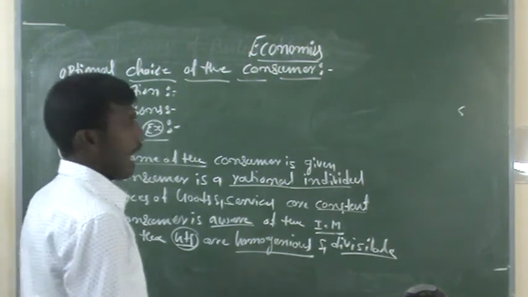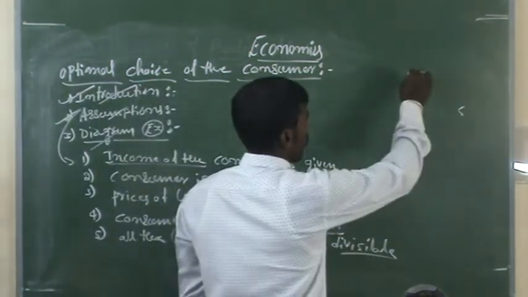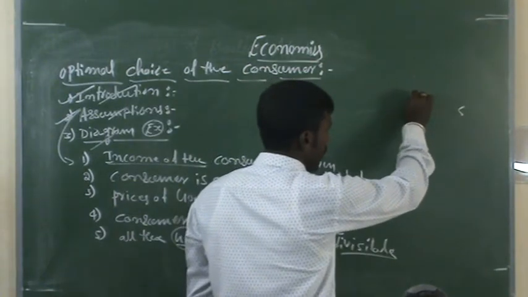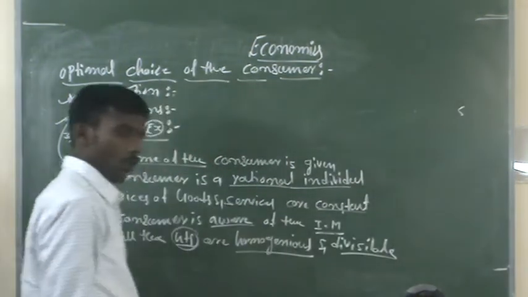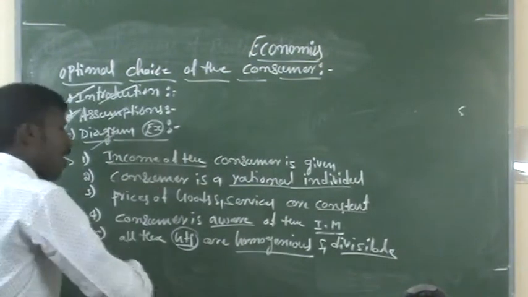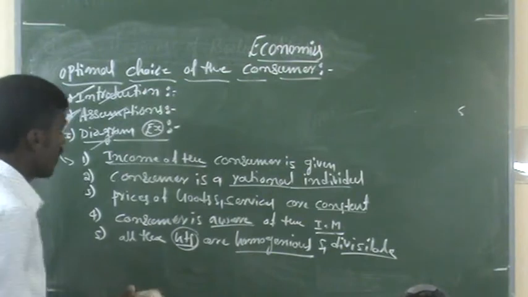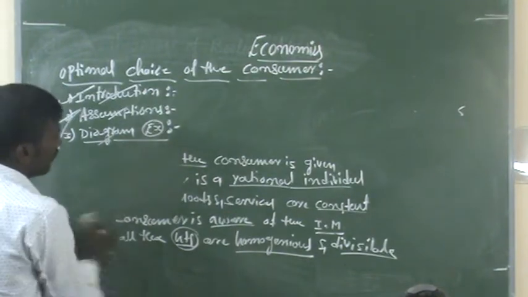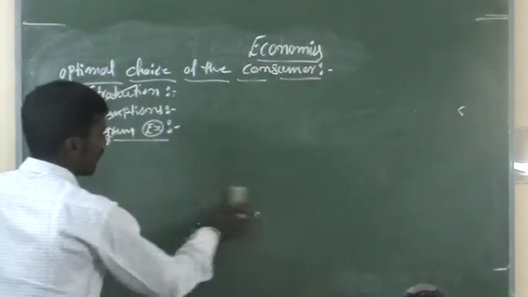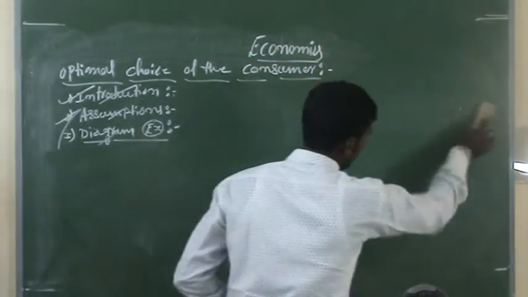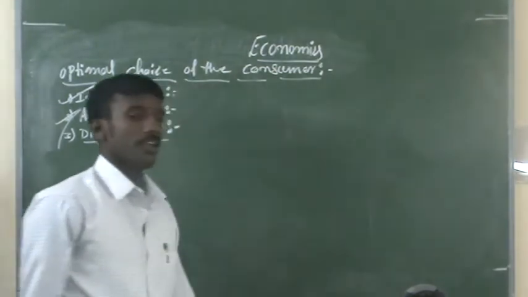Now, on the basis of budget set, budget line, indifference curve, indifference map, and also on the basis of all these assumptions, we are going to explain the concept of the optimal choice of the consumer with the help of a diagram, a graph.